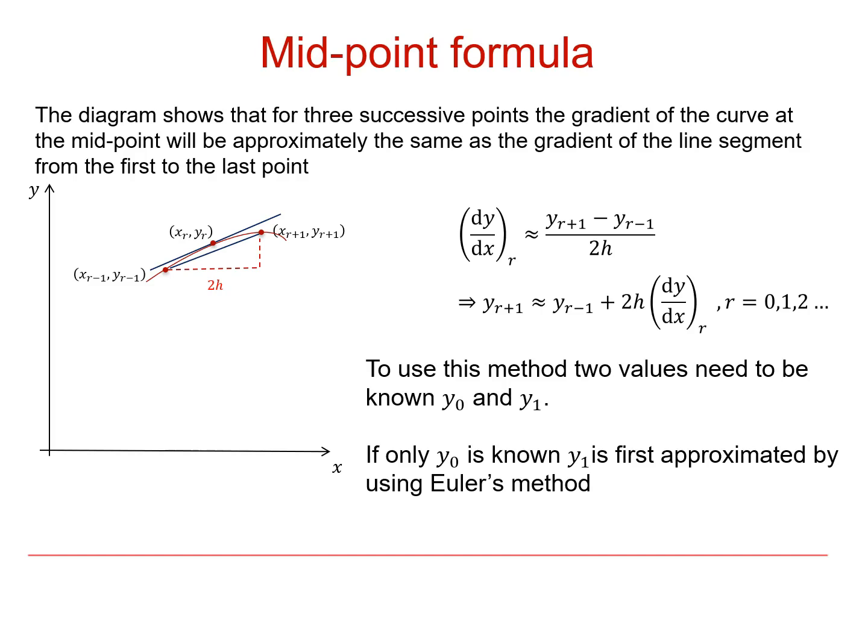Notice that we are starting with r equal to 0, so actually the formula states we need to know the y minus 1 value. Of course, we don't end up needing to know the negative value if we start off using an Euler method. Just y0 gets you to y1, and then you can use y0 and y1, starting off with r equals 1.